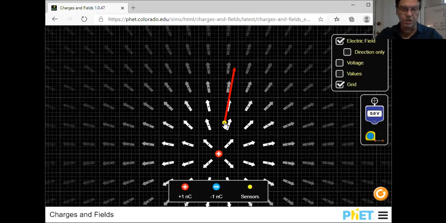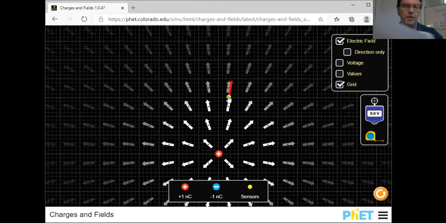Just like we just saw. The closer you are to the charge, the greater that length of the electric field. That length is a representation of its magnitude. As I go further away, the magnitude of the electric field gets smaller and smaller, right? So essentially, write down what you just saw.